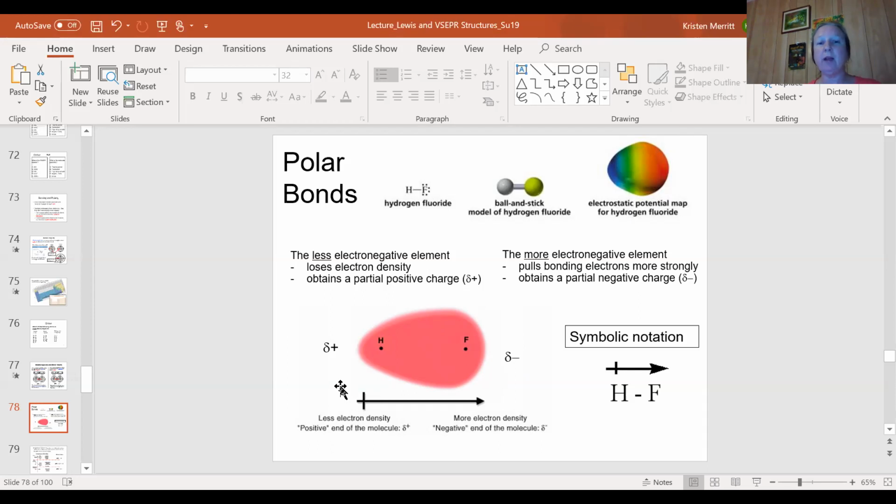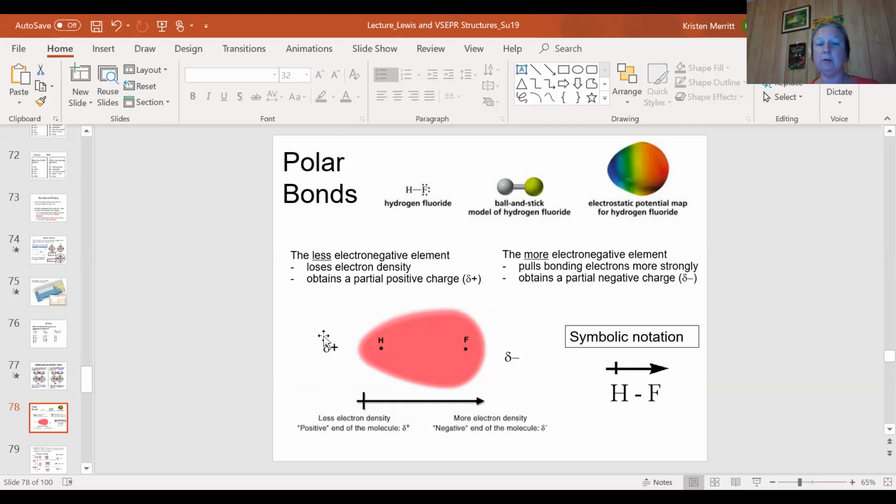We show that with a vector. A vector is an arrow with a handle on it. Don't forget your handle there. It's like a sword. It goes in the direction of the electrons. This little symbol, we call this a dipole moment. It's how we describe the pole. We don't say negative pole, positive pole. We say it has a negative dipole moment and a positive dipole moment. So that's just terminology.